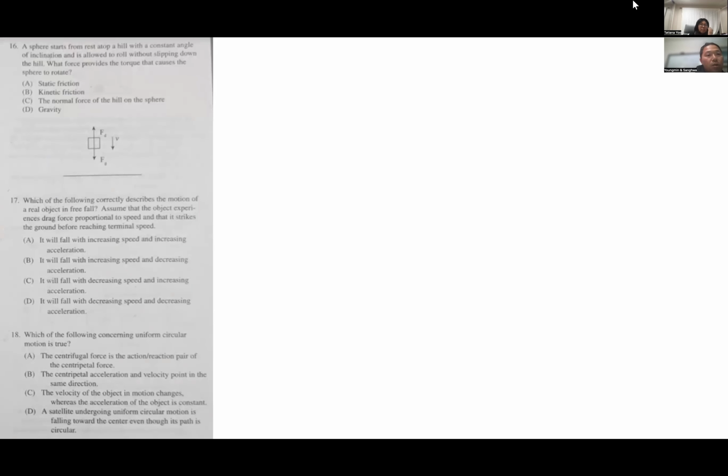Okay. All right. Number 16. The sphere starts from rest atop a hill with a constant angle of inclination and is allowed to roll without slipping down the hill. What force provides the torque that causes the sphere to rotate? A. Static friction. B. Kinetic friction.